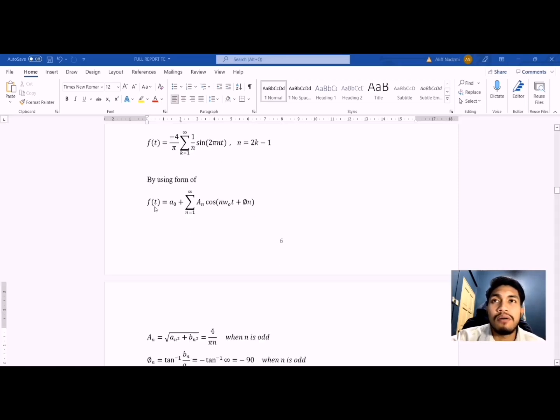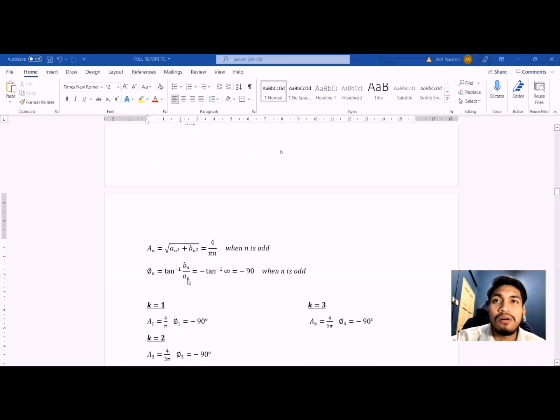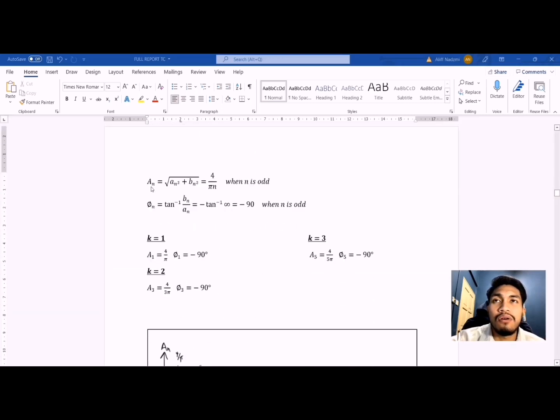By using the form of f(t) is equal to A0 plus An cos n omega naught t plus theta n, we will obtain the value of An is equal to square root of An squared plus Bn squared, and the answer is 4 over pi n when n is odd, and the angle is negative 90 degrees when n is odd.